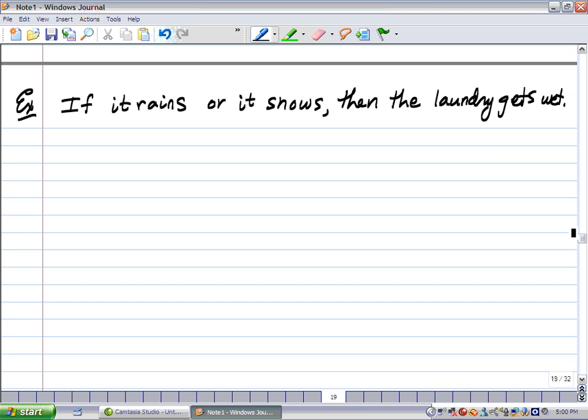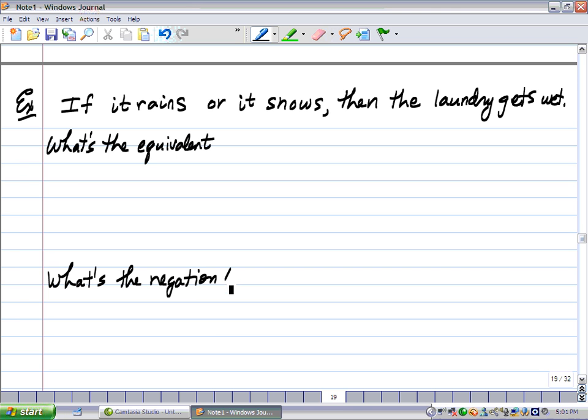Okay, and we want to say the opposite. Well, let's see what's the equivalent first, and then we'll say the opposite. And what's the negation, or the opposite?